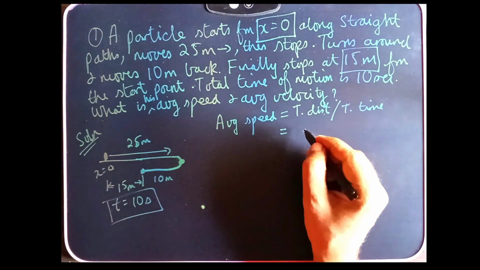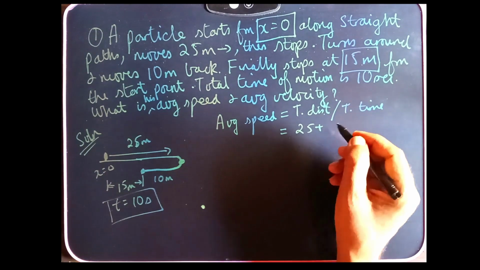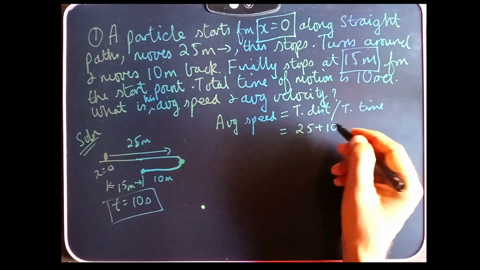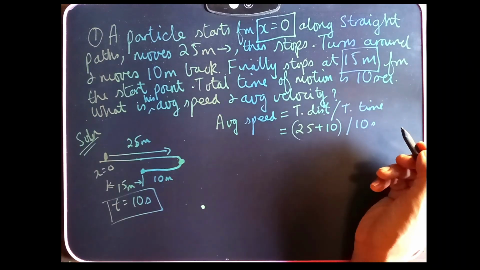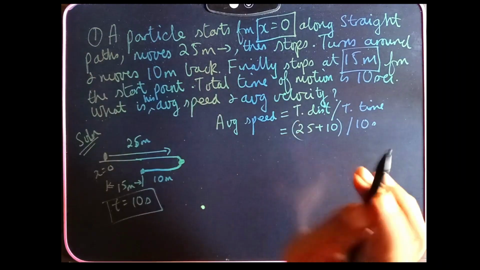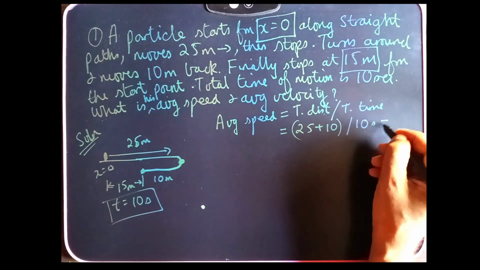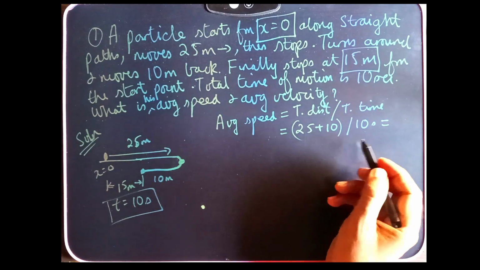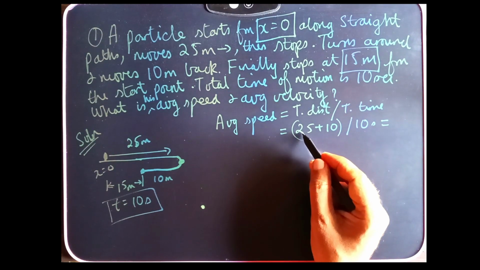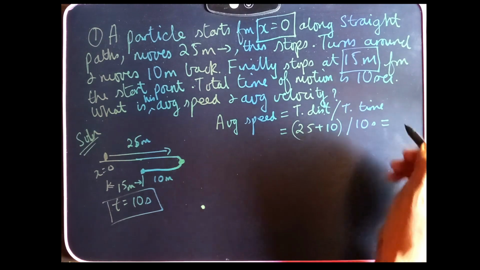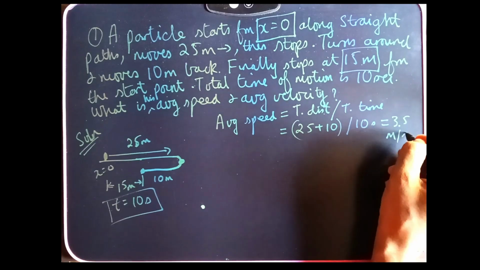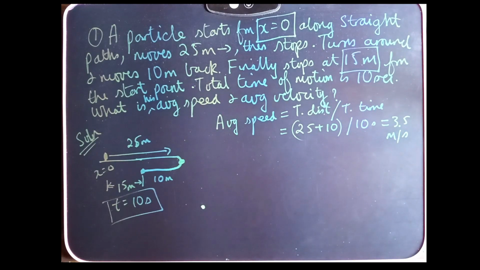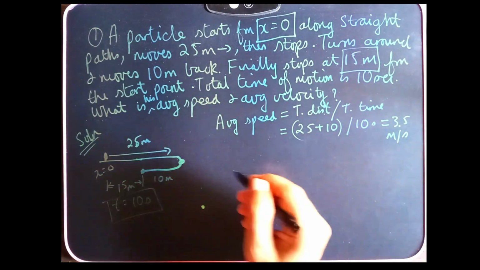So 25 plus 10 is the total path and time is 10 seconds, right? Everything is in meters. You have to make sure that all the units are appropriate. So 25 plus 10, 35, divided by 10 seconds. You will get 3.5 meter per second. So the average speed is 3.5 meter per second.